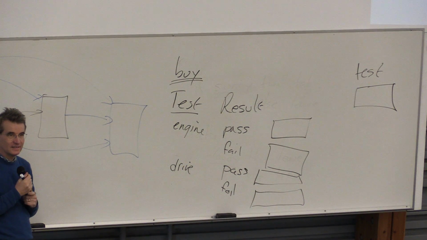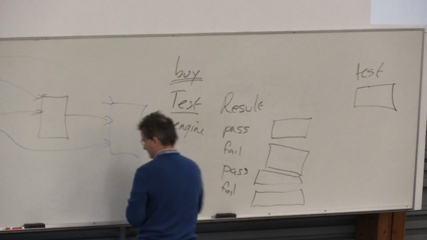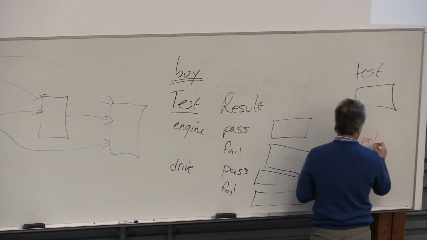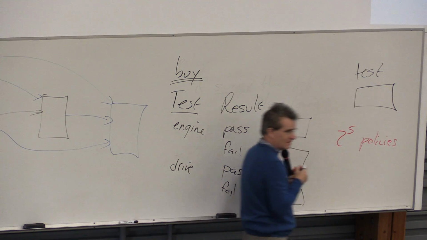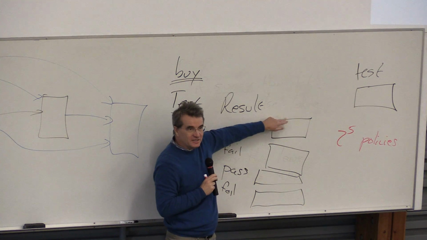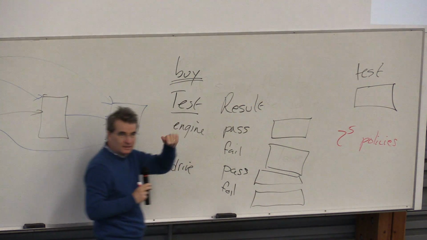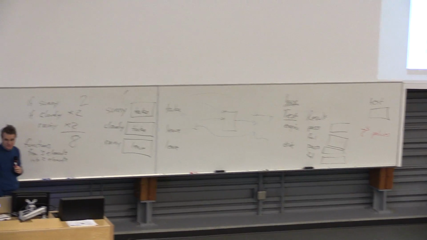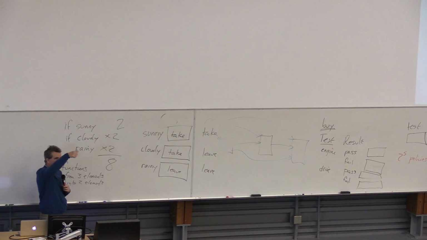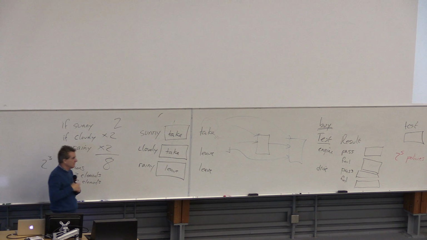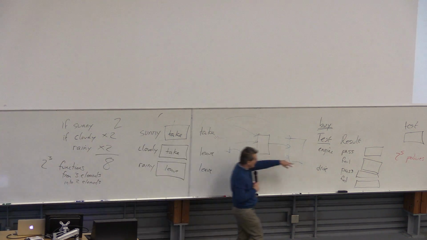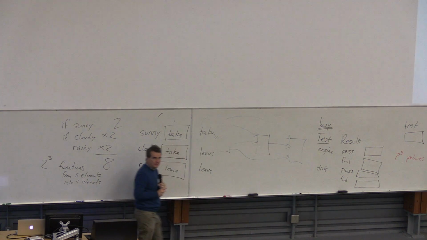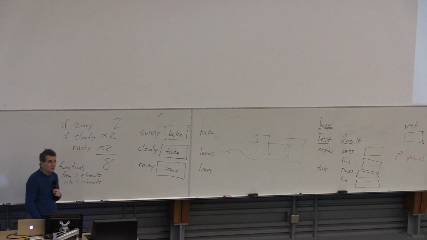Yeah, there's 2 to the 5th policies. For every one of these boxes, I have 2 choices. And I can fill them in arbitrarily. And in fact, when we get to use our graphical user interface in a minute, this is exactly the table we're going to fill in. So this is a way of thinking about a policy. Okay, any questions about that?